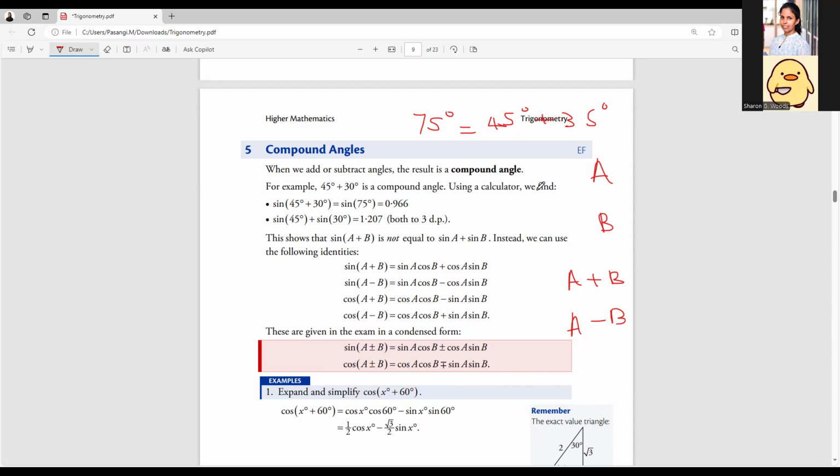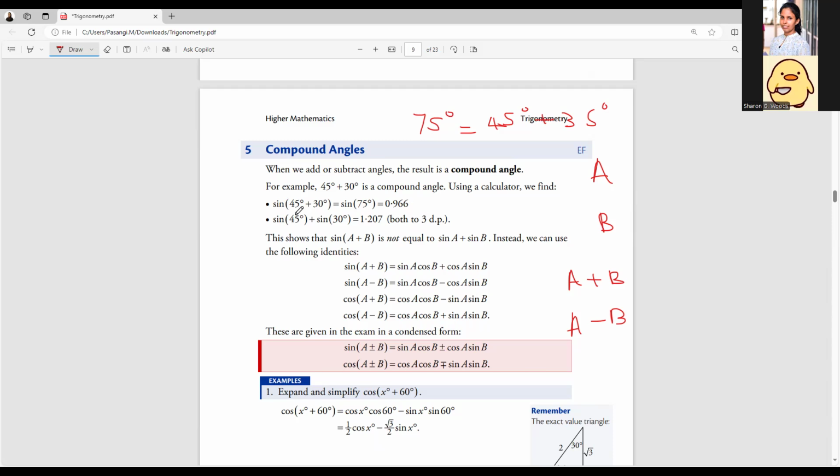Using the calculator, we find sine 45 plus 30 is equal to sine 75. Then you can read the value from the logbook itself, that is 0.966.